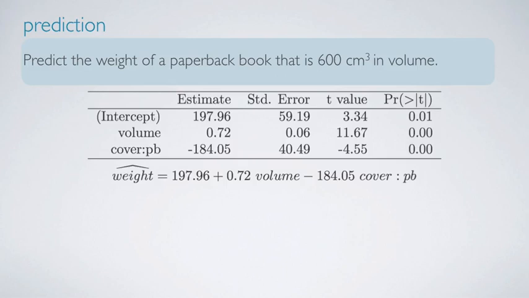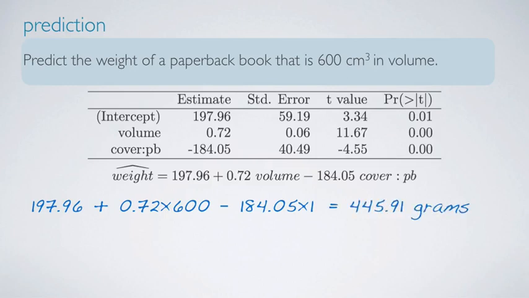In this case, we have 197.96 for the intercept, plus 0.72 times 600 for the volume, minus 184.05 times 1 for cover type, because we have a paperback book and that is the non-reference level. Doing the math gives us 445.91 grams, meaning that this model predicts a paperback book that is 600 centimeters cube to weigh 445.91 grams.